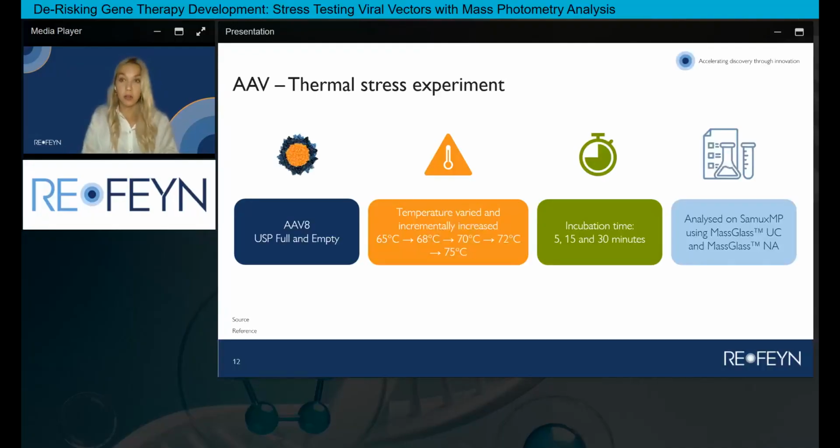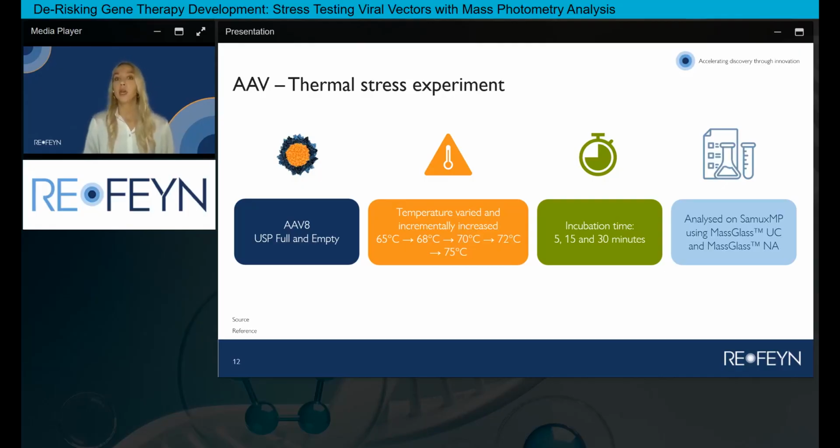For the adeno-associated virus thermal stress experiment, we used externally purchased AAV standards and varied temperatures, incrementally increasing them from 65 to 75 degrees, and varied incubation times for 5, 15, and 30 minutes. And then we analyzed those samples using 2 types of glass slides: MassGlass UC, which is the type of glass slide that I usually use for measurement of AAVs, and MassGlass NA, that I usually use for measurement of nucleic acid.